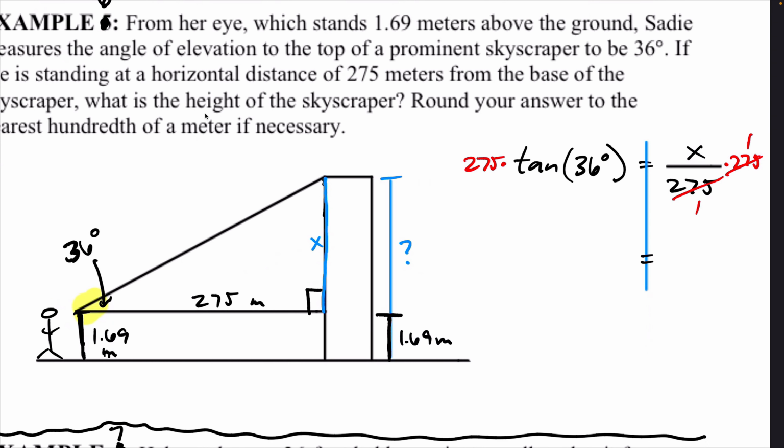And you get x equals, so now we're going to put this in my calculator, 275 times tangent of 36. Tell me what you get. Should be almost 200.